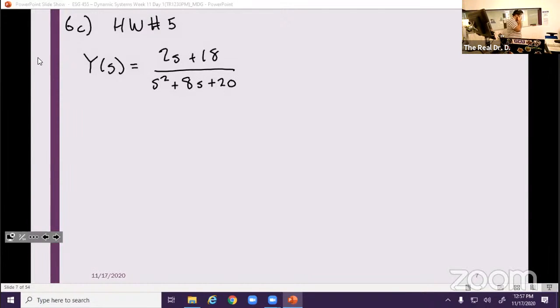And we're asked to find the time domain response of this particular transfer function. It's not a transfer function, but this particular Laplace transform.